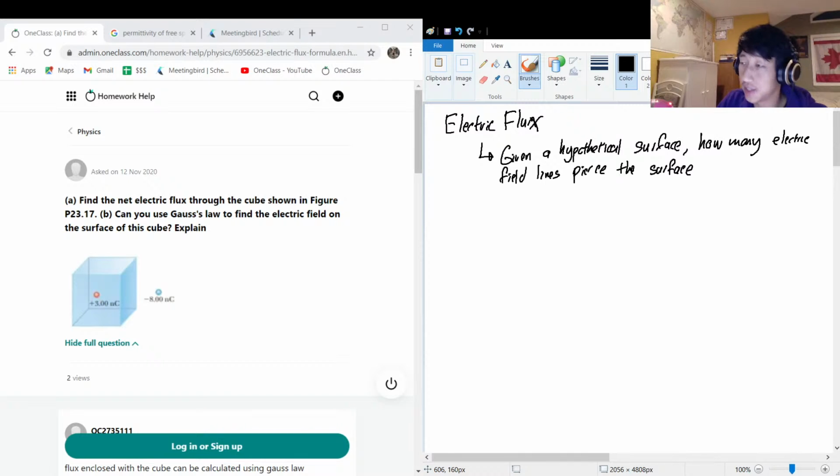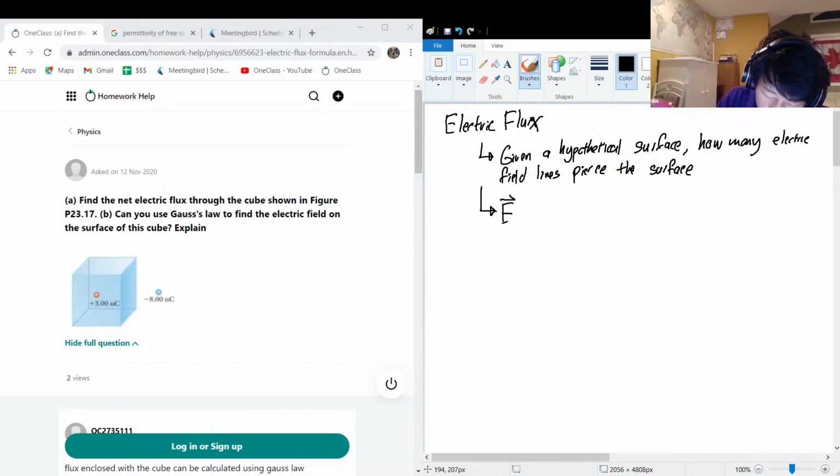Now this was the definition that my first year physics professor gave me. Now, something that goes in, like an electric field line that both enters and exits, does not contribute to the flux.